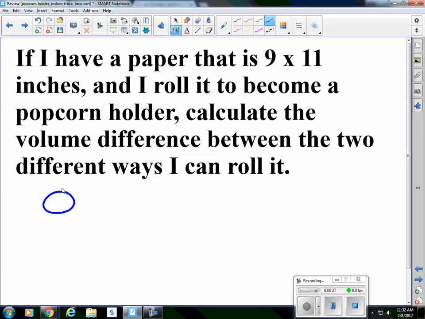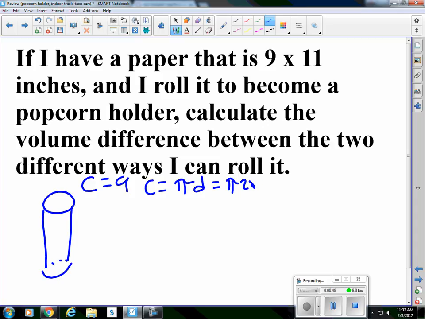So I could roll it so that the circumference is 9, and the circumference is equal to pi times the diameter, which is equal to pi times 2 of the radius. So to find the volume, I need to find the radius.